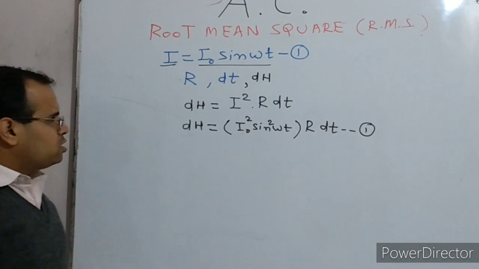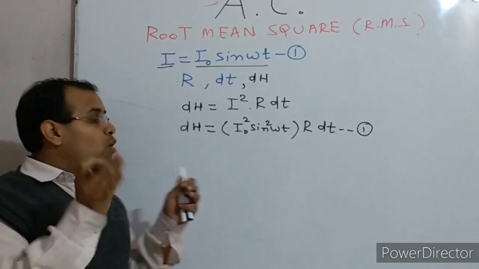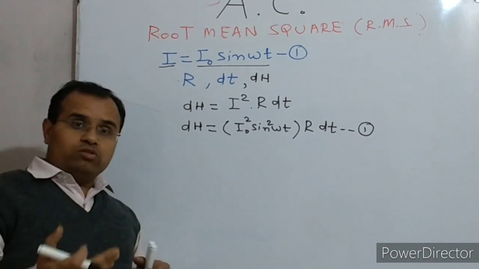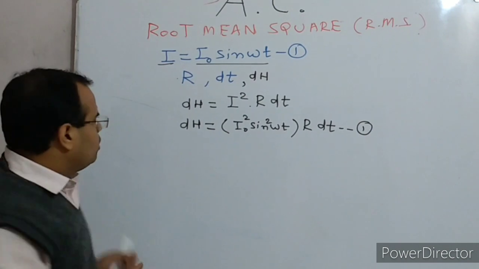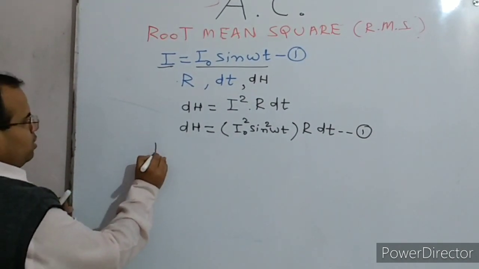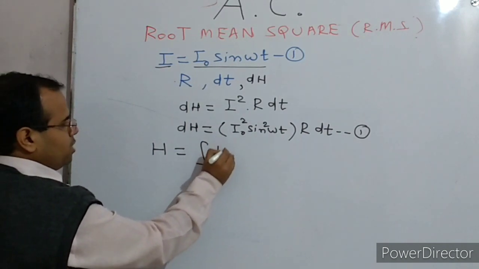Now this is not what we have to find. We have to find the total heat generated when this alternating current is flowing through the circuit for time 0 to capital T. So for this, to find the total heat, we will be integrating this dH.